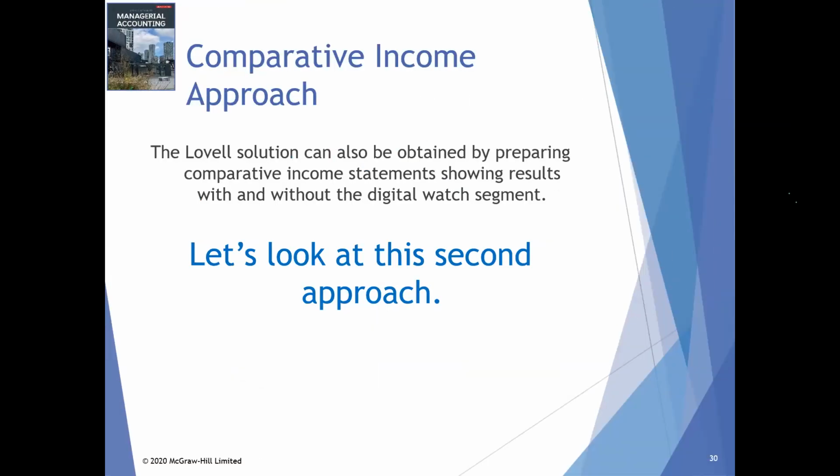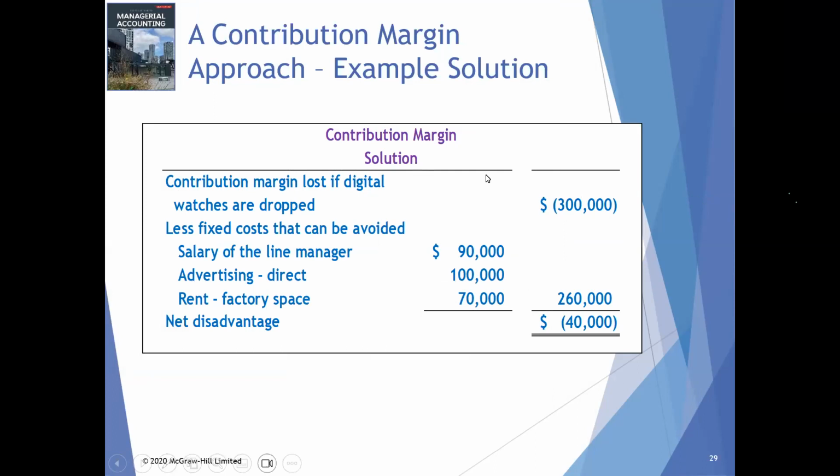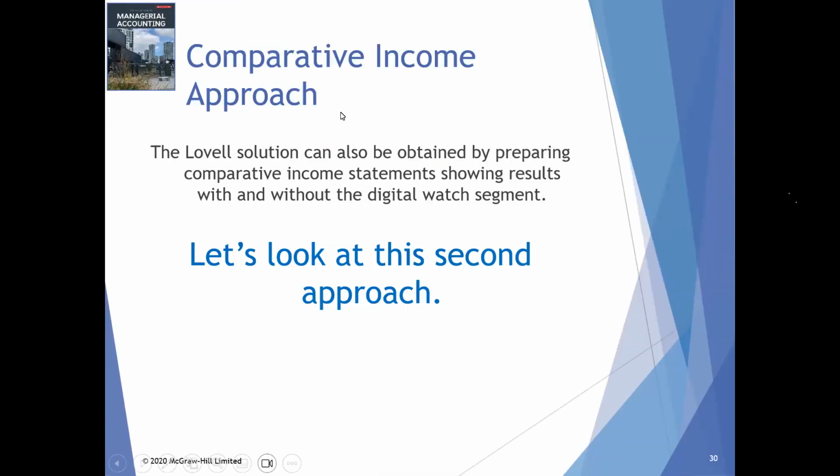This is one approach, the contribution margin approach. The second approach is the comparative income approach. The same solution can also be obtained by preparing a comparative income statement showing the results with and without the digital watch segment.